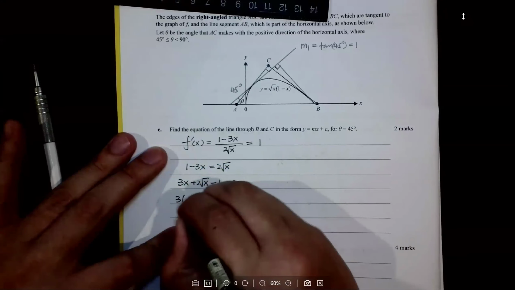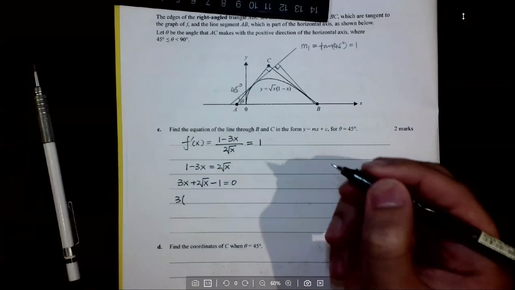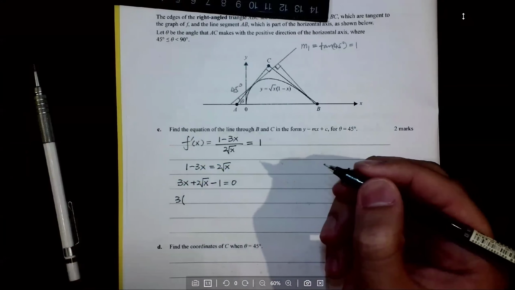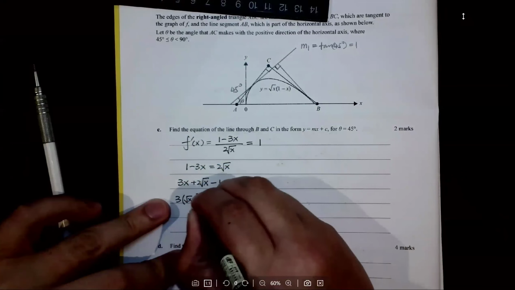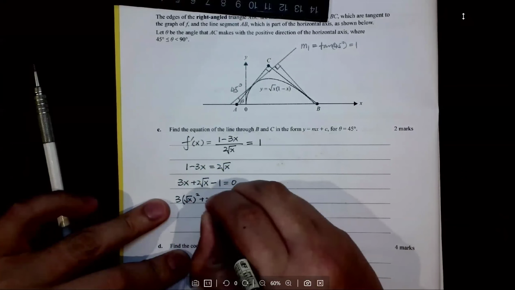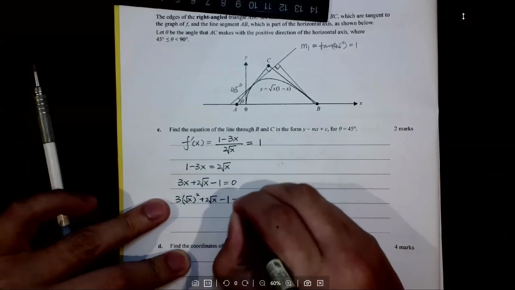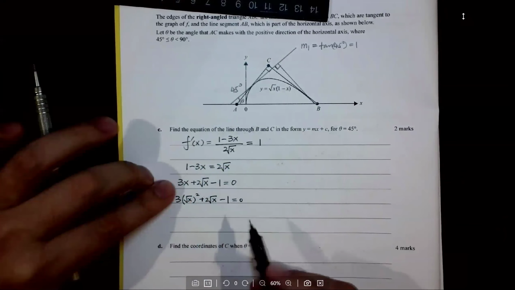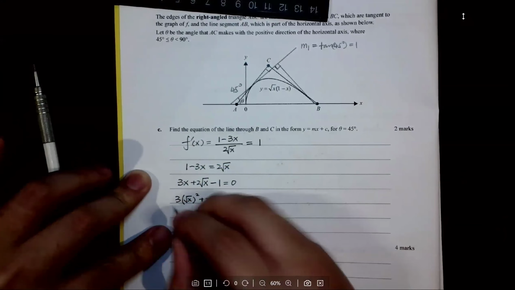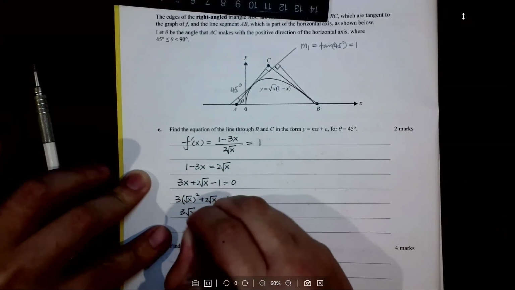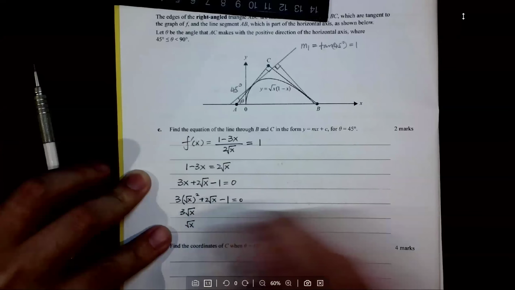Now, instead of making a substitution or squaring both sides, which could generate extraneous solutions, I'm going to rewrite it slightly differently. I'm saying x is root x whole thing squared, and I treat it like a hidden quadratic. So you might get a 3 root x and a root x as a product.